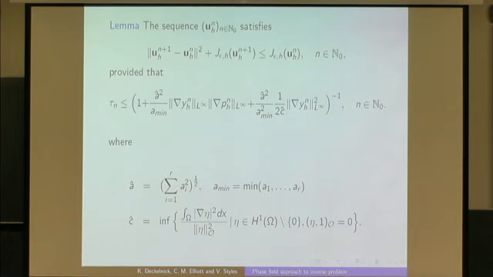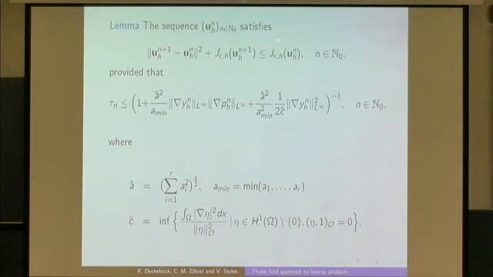We can prove that if the time step tau satisfies a certain condition, and this is something you would expect because some terms are taken explicitly, so you expect a time step constraint, which you can write down explicitly. If this condition is satisfied for tau_n, then the energy decreases. That's the first thing, and this is the most important thing, and also that you have this term over here.